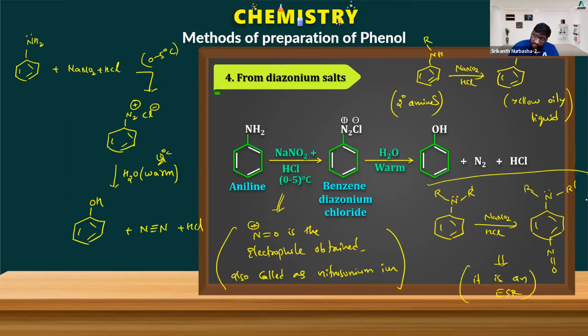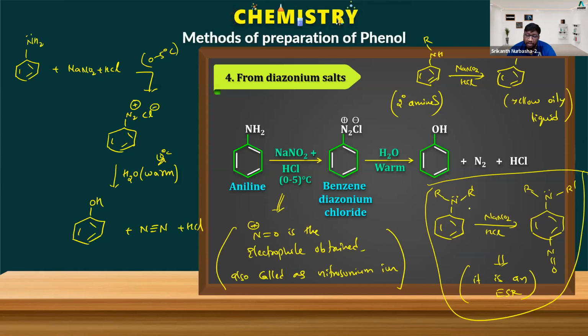So primary aromatic amines react with NaNO2 in the presence of HCl to form benzene diazonium salts. Secondary amine reacts to form N-nitroso N-alkyl amine or N-nitroso N-alkyl aniline. Tertiary amine will react with NaNO2 in the presence of HCl to form the respective para-substituted para-nitroso N,N-dialkyl aniline.